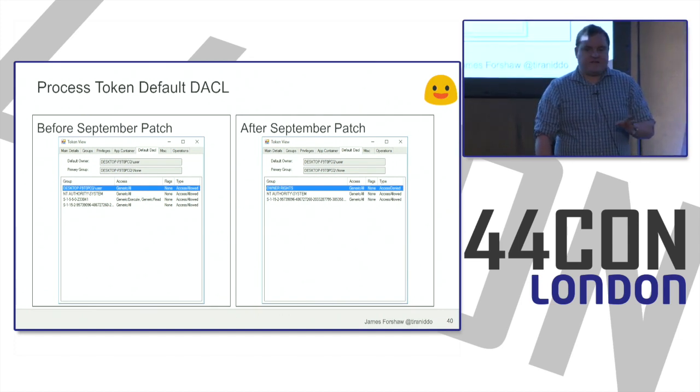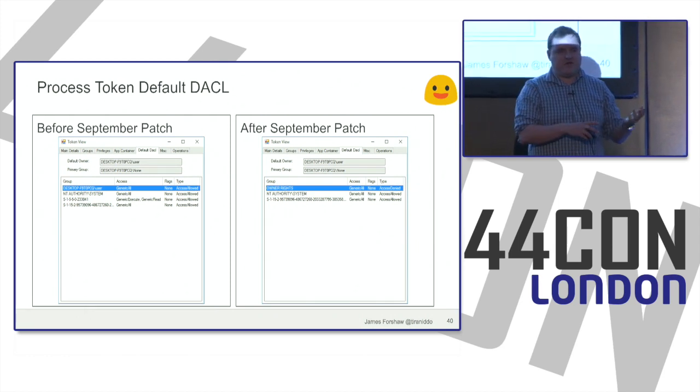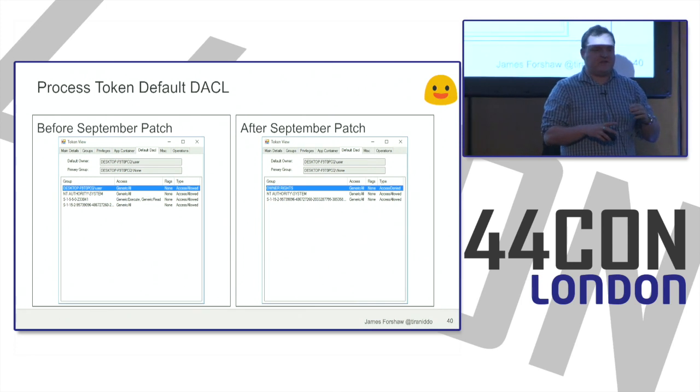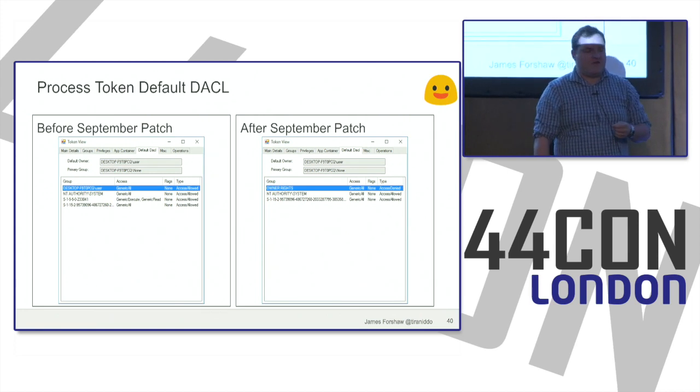So every token on the Windows system has something called the default DACL. Now, normally, when you create a file, the access control list is usually inherited from the parent directory. So the parent directory has an ACL which says, I want you to give this entry to any file created in my directory. But not everything works that way. Not everything has inherited ACLs.